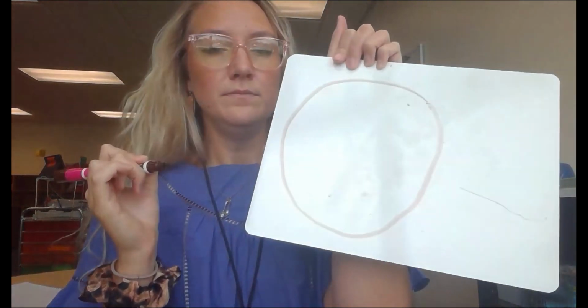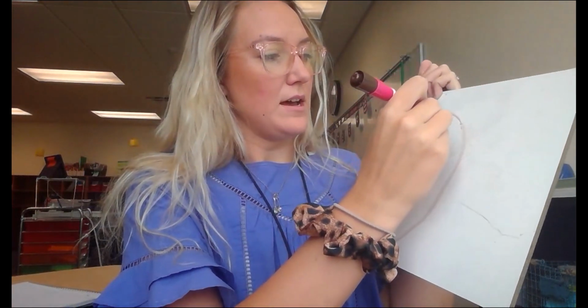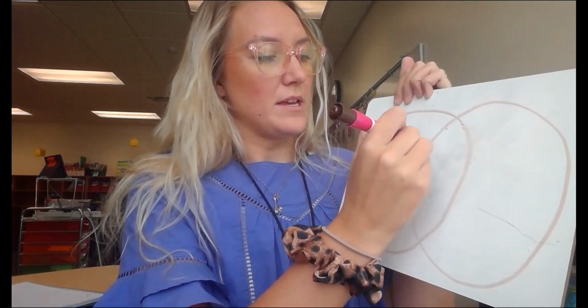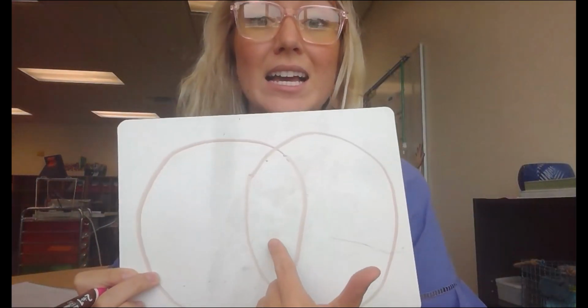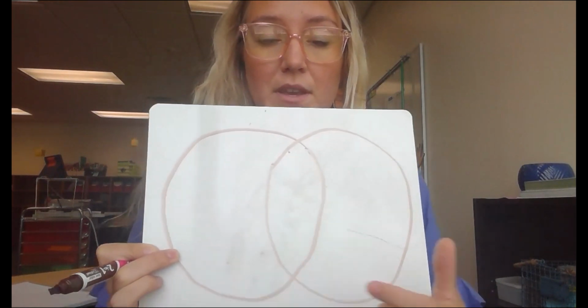There we go. And my second one, I'm going to start kind of on the other side of the middle, go all the way to the outside, also making sure that it's nice and big. I want to have enough room that I can write in the comparing part and both of the contrasting parts. Okay.